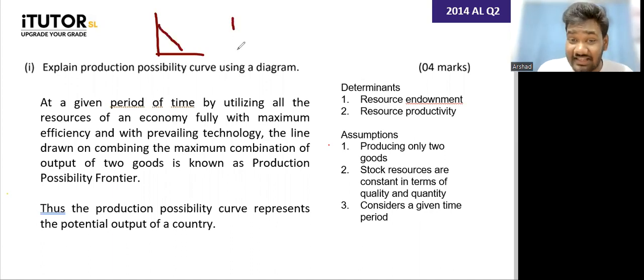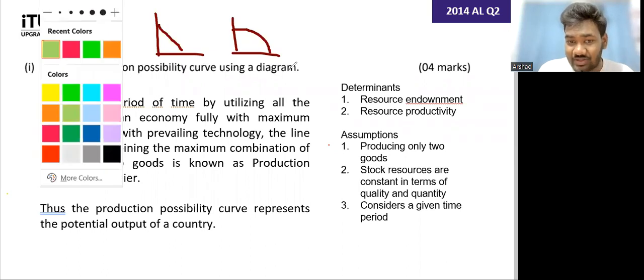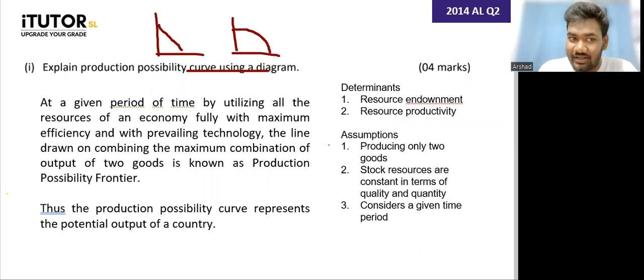A PPC with increasing opportunity cost will have a concave slope. So that is essential. Why? Because in the question they're asking to explain using a diagram. So when they say explain using a diagram, your PPC is important. So you have to draw a diagram.